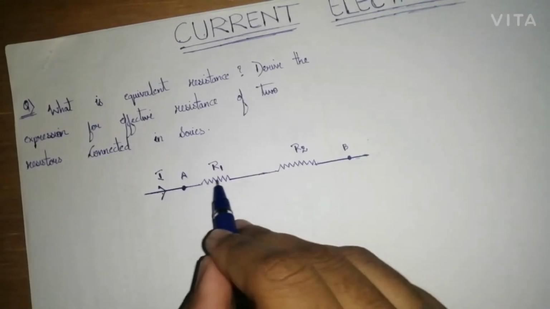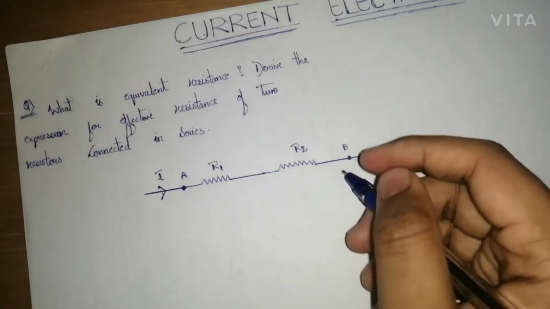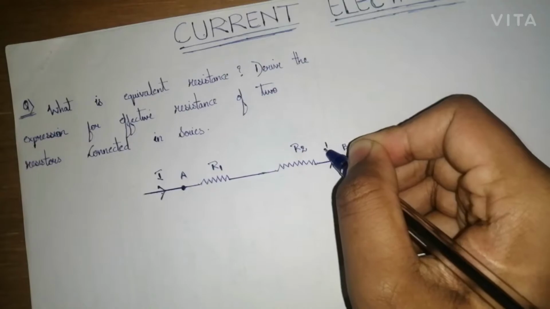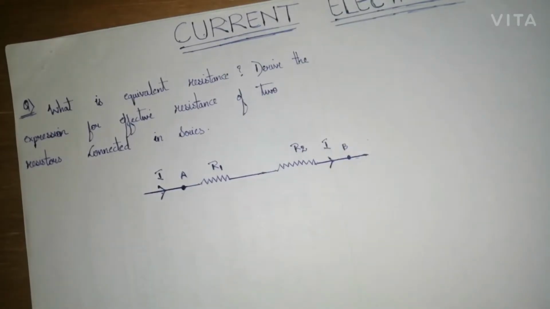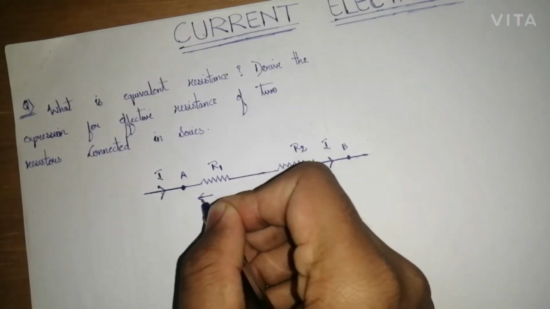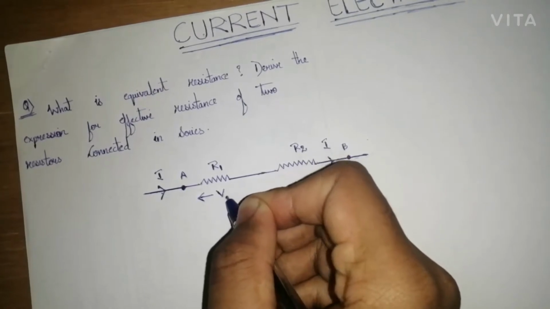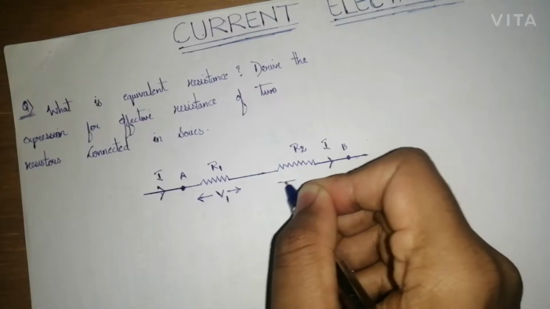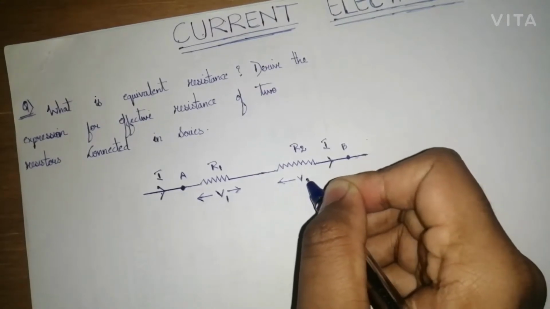When the current flowing through both the resistors is the same, so you get I here, then only the network is said to be connected in series. Let's call this potential V1 and this potential V2.